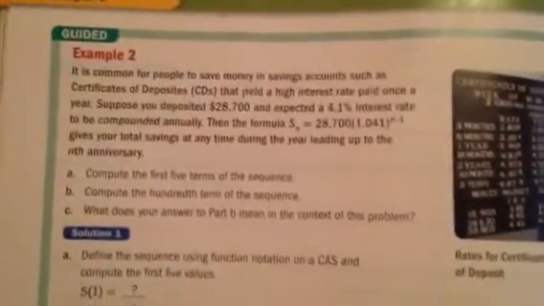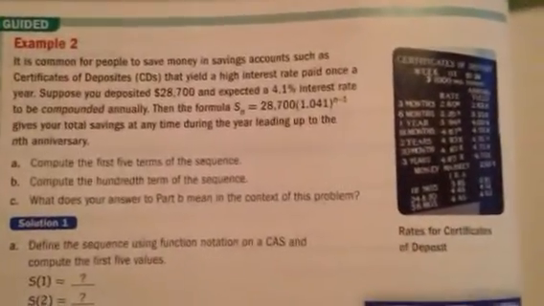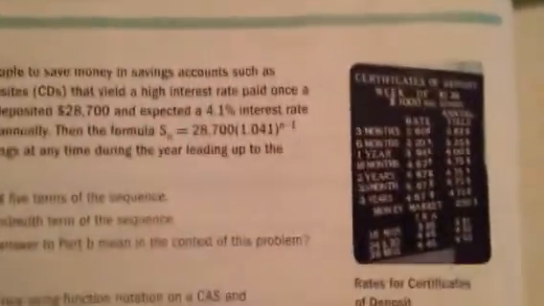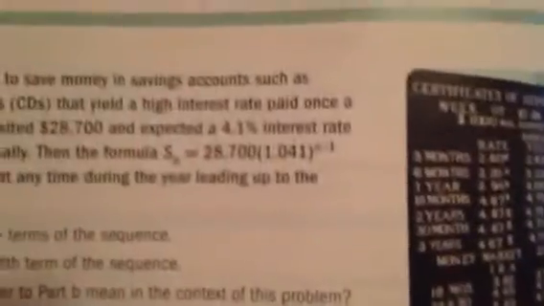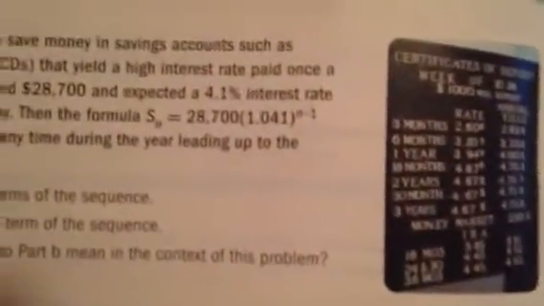Here the book gives you a bit of background. But what we really need to know is that they're going to give us a function right here. And that is going to be our explicit formula.